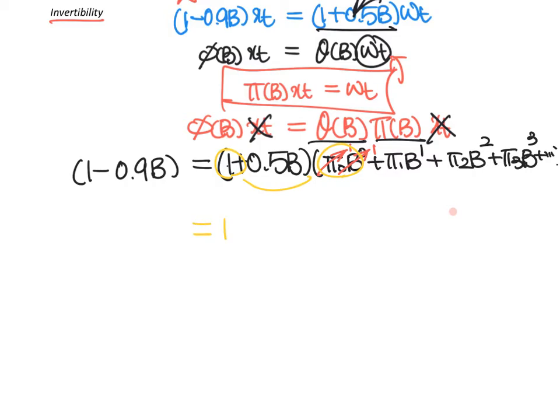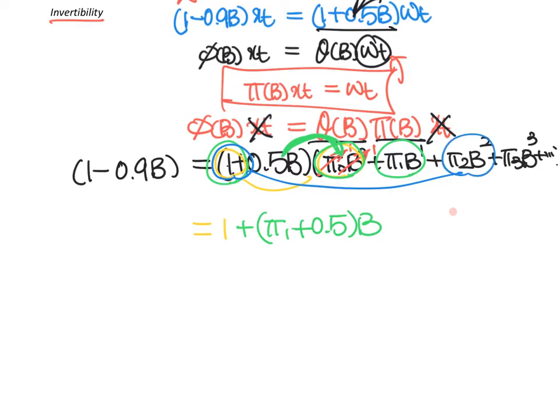And now the 1 and the pi 1 B with the B term. So here is the pi 1, and between these two we can make another B term. It's plus 0.5B. And again, it's a 1 and B squared, it's pi 2 B squared.